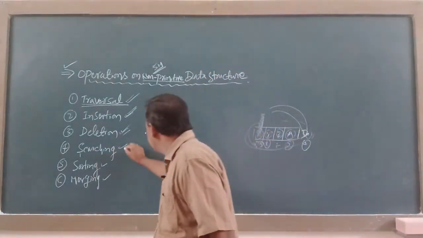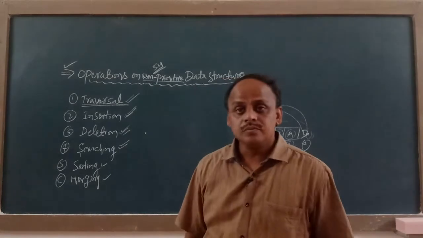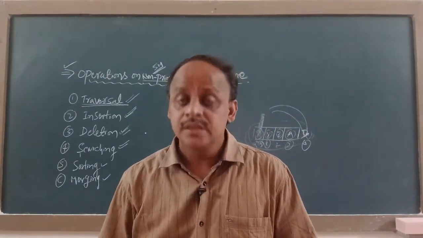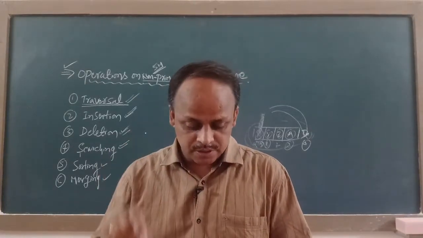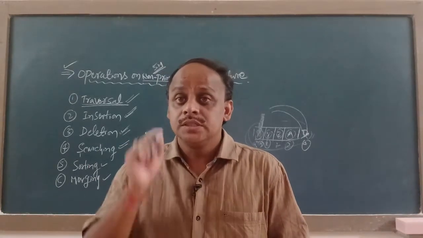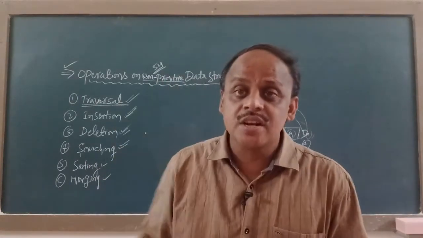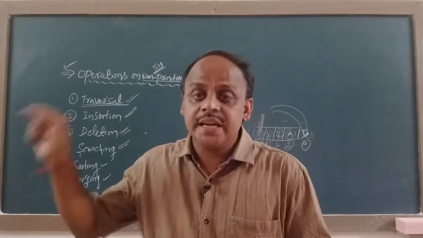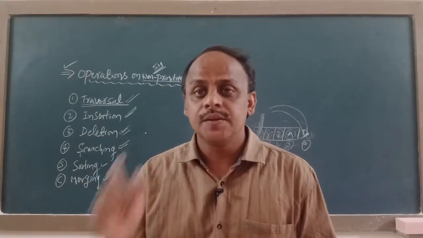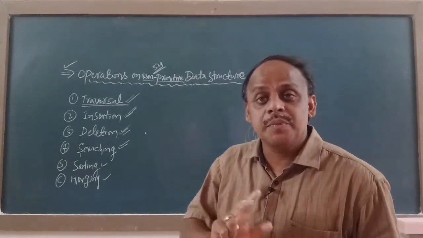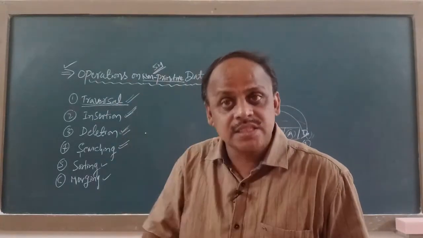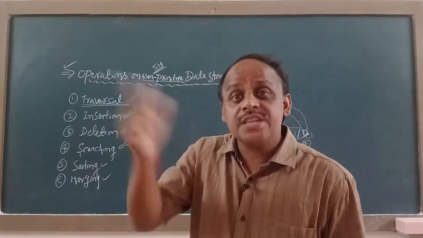Next, consider searching. What is searching? See here, it is very interesting. The process of finding the location of a data item in the given collection of items is called searching, right? Here searching does not mean finding the element; searching is finding the location of the element.